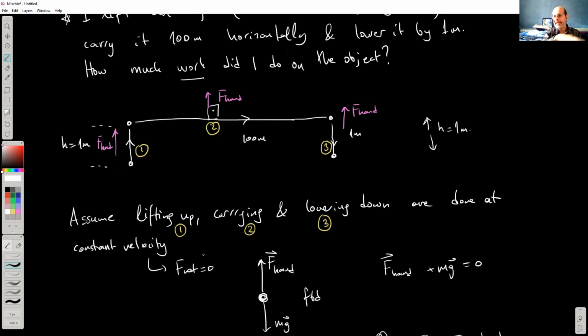Okay. So at the end, when everything is finished, the net work that I did on the object is 0, but the work done on my muscle tissues would still be positive. And as a result, my body will feel the effect of this. Okay. So that's why I asked, how much work did I do on the object?